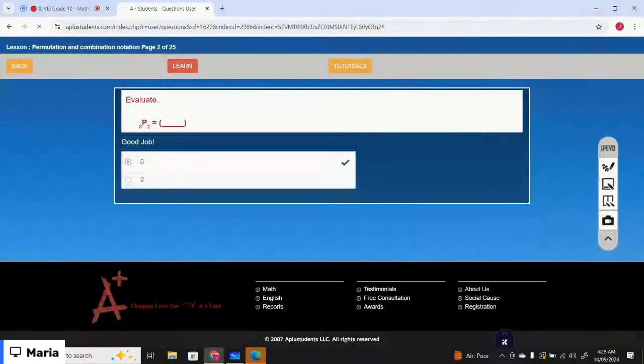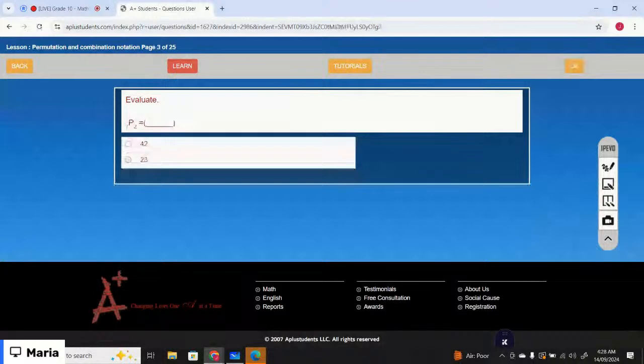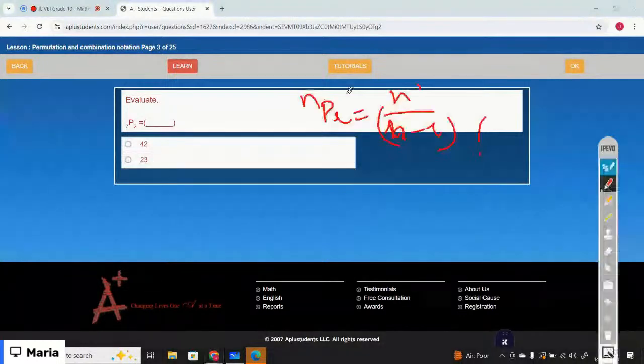Okay, the next one is 7P2. So you have to evaluate the permutations. So you need to do n factorial divided by n minus r factorial. N is 7. You have 7 minus 2 is 5 factorial. So you have to do 7 times 6 times 5 factorial divided by 5 factorial. They can cancel out and you are left with 7 times 6 equals 42.